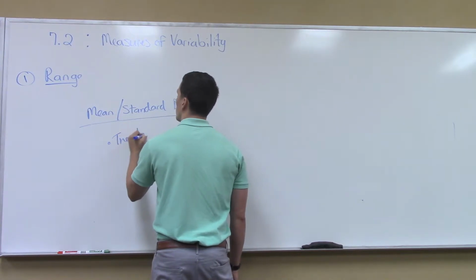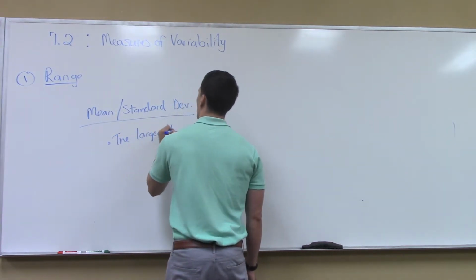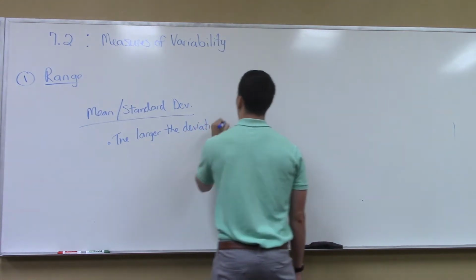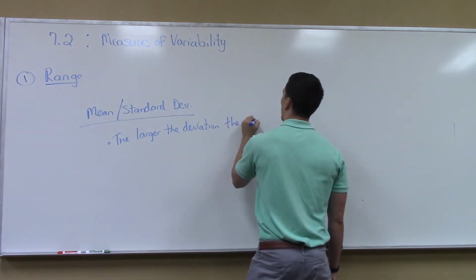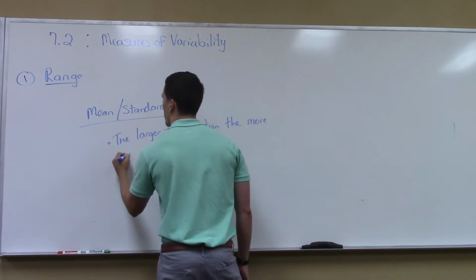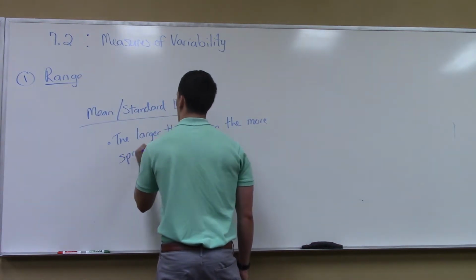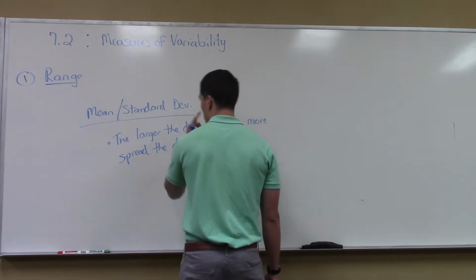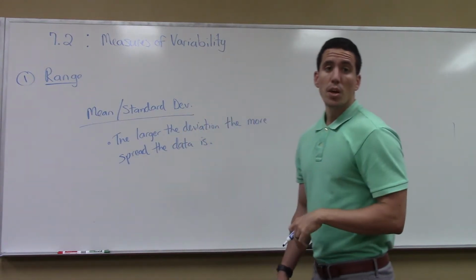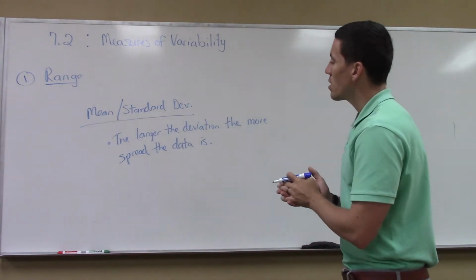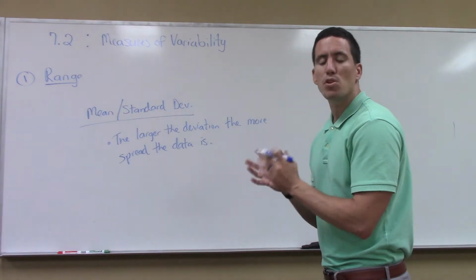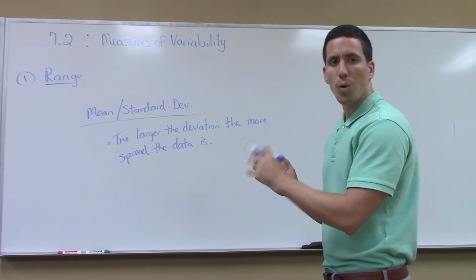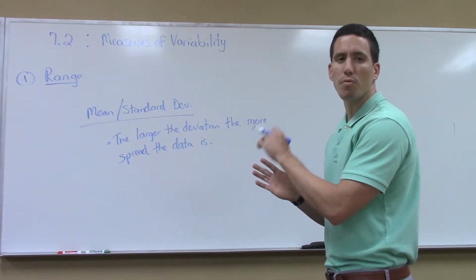The larger the deviation, the more spread the data is. Okay? The mean deviation and standard deviation, what those numbers are telling us is on average how far away is each data point from the mean.